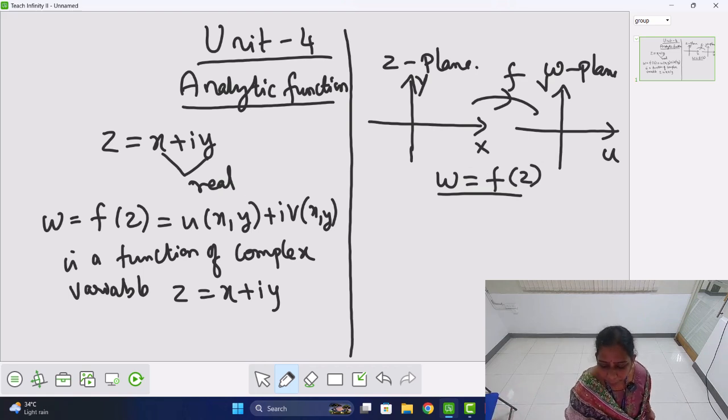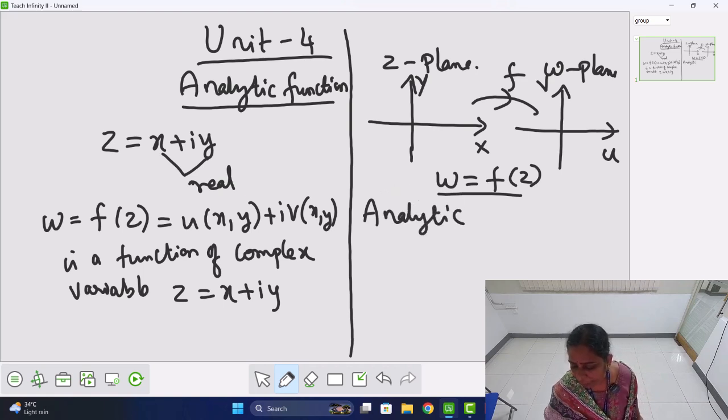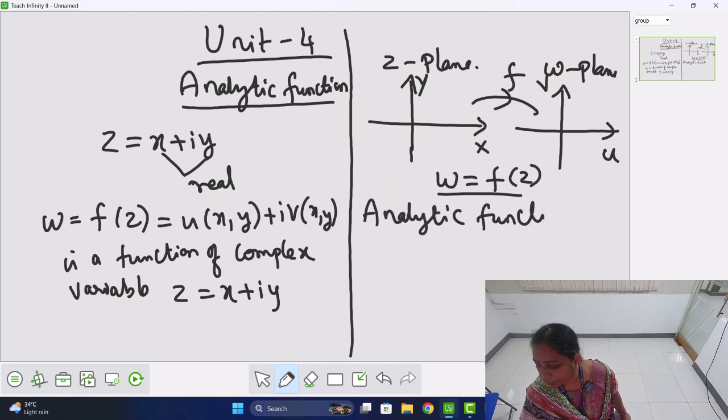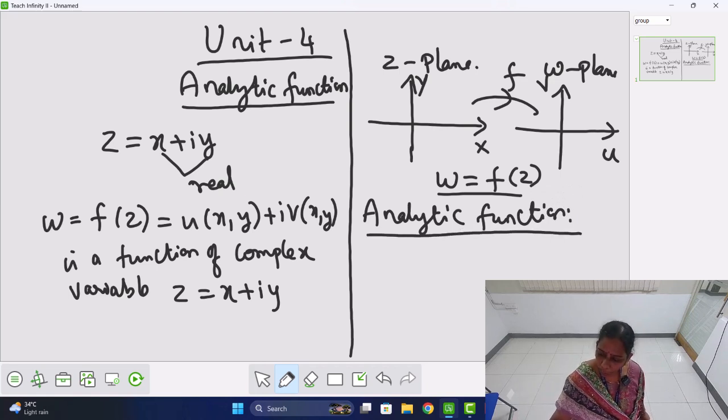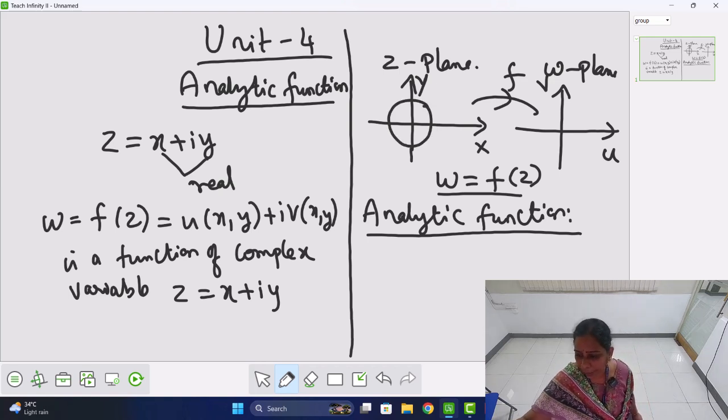Next, the definition of an analytic function. What do we mean by an analytic function? I told you what f of z is. z is not real, z is a complex variable. When we say f of z is an analytic function, f is a mapping from the z plane to the w plane. At z naught, the function should be differentiable.